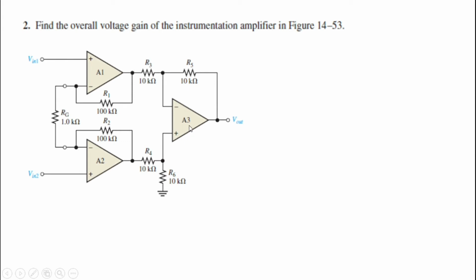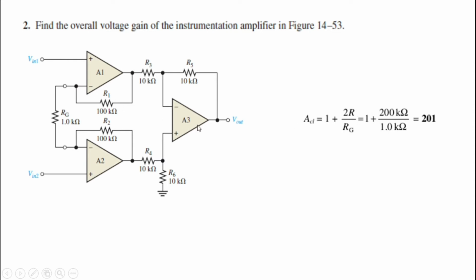The overall gain for an instrumentation amplifier is given by 1 plus 2R upon RG. This R is equal to R1, which is equal to R2.